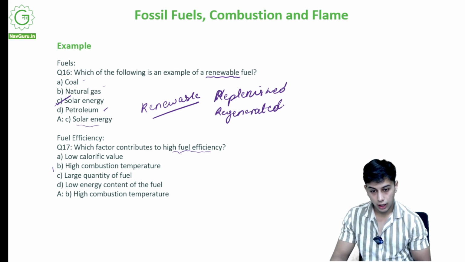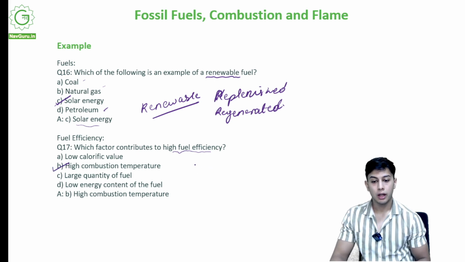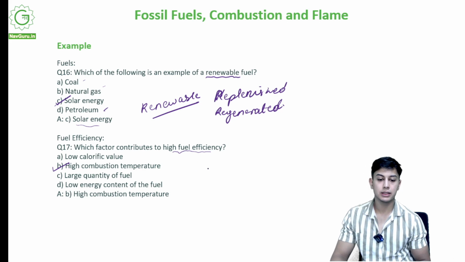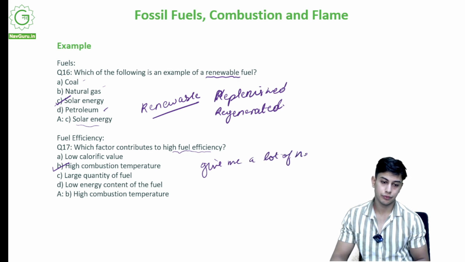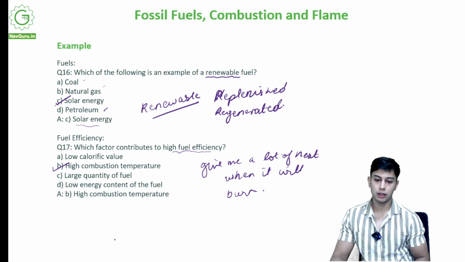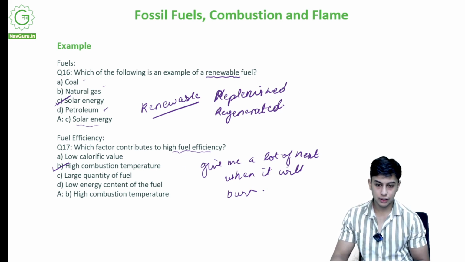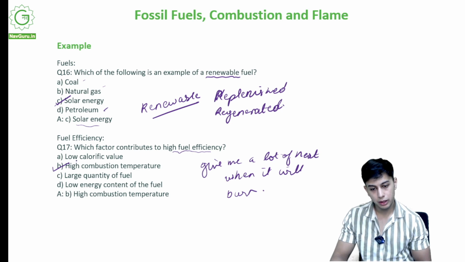Okay, high combustion temperature means it will give me a lot of heat when it will burn. Low calorific value will give me very low heat. High combustion temperature means it will set fire only at high temperature. That means it will give me a lot of heat.